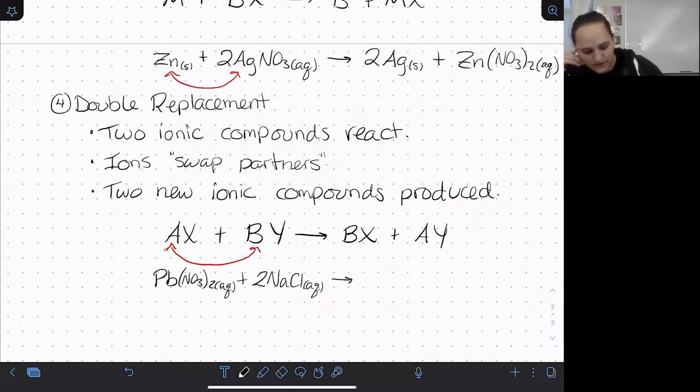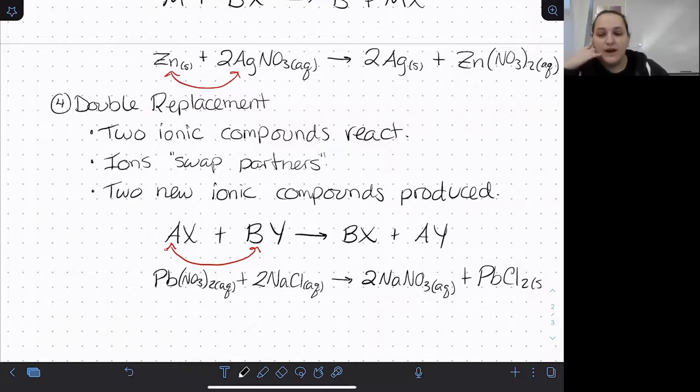And when this occurs, if I swap my cations here, the sodium is going to end up paired with the nitrate, so I will have sodium nitrate as one of my two products. And then the lead is going to end up paired with the chloride, so lead(II) chloride would be my other product of this reaction.